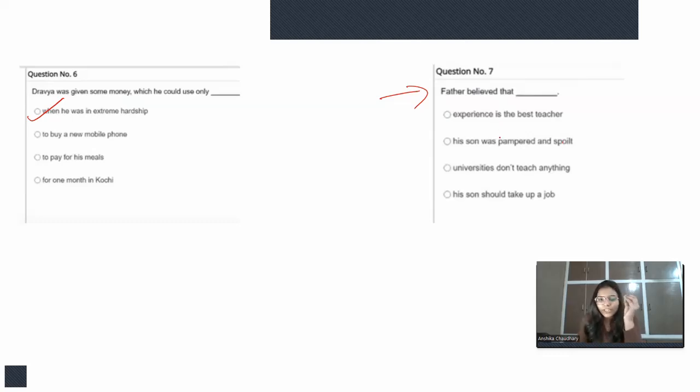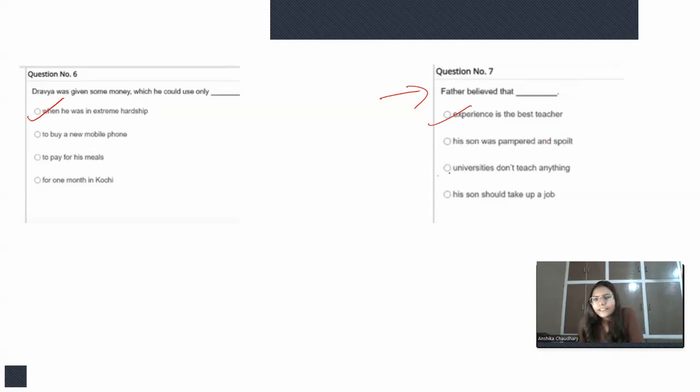He just wanted to make sure that his son should know what experience is. Experience is the best teacher in our life. Life is full of hardships, struggles and happiness, sadness. All the things will be there. But you have to stay focused. You have to keep fighting against all the things, right?